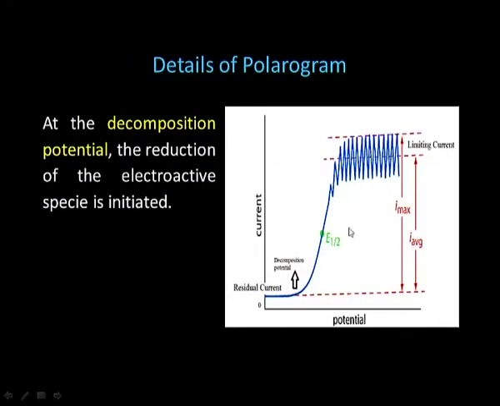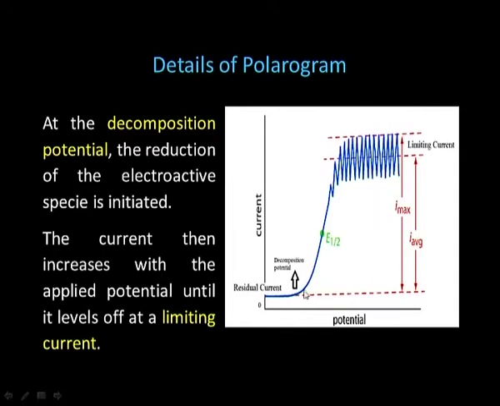At the decomposition potential, the reduction of the electroactive species is initiated. At this point, known as the decomposition potential, the current starts increasing. As I told you, when we divide this I average and draw a third line perpendicular to the limiting current and the base current, the point at which it intersects the curve is known as the half wave potential, or E half.